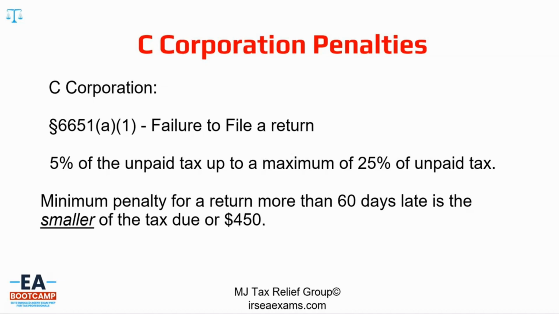The question was something like, the corporation did not file an extension, they filed late and they paid late, the tax due was $100. What would the penalty be? Well, since it's the smaller of the tax due, or $450, the tax due was $100. So then the penalty would be $100.